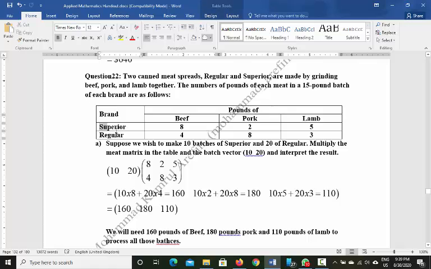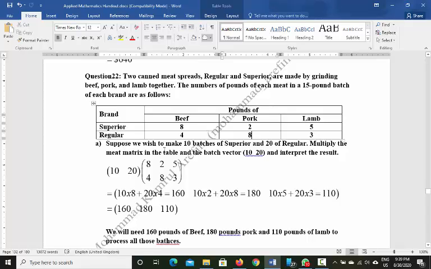They have 2 brands of meat spread, superior and regular. In the superior brand they use 8 pounds of beef, 2 pounds of pork and 5 pounds of lamb meat. So that means total 15 pounds. And in the regular brand they use 4 pounds of beef, 8 pounds of pork and 3 pounds of lamb. So again 15 pounds.